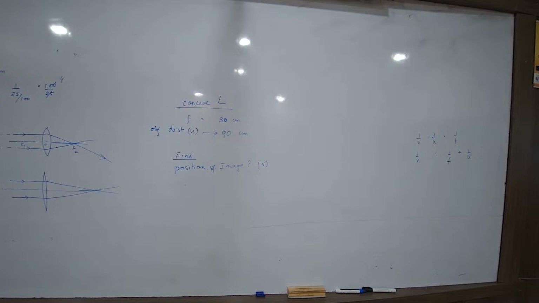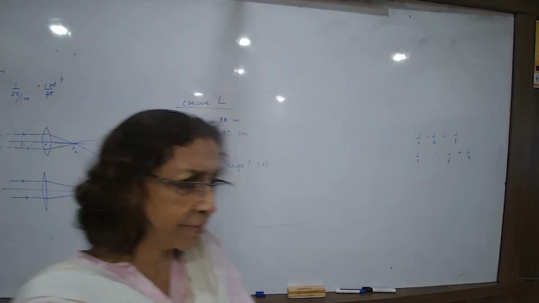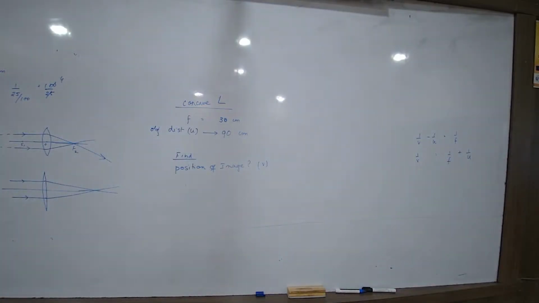How can it be 0.02? You're finding out V. It is so small, 1 upon 45. Why will it be 45?